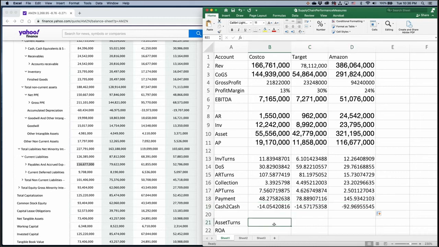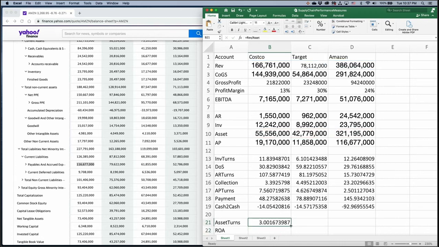And also we can compute the asset turnover. This asset turnover is, again, revenue divided by total asset. This means we use total asset to generate revenue. So that is the asset turnover cycle.